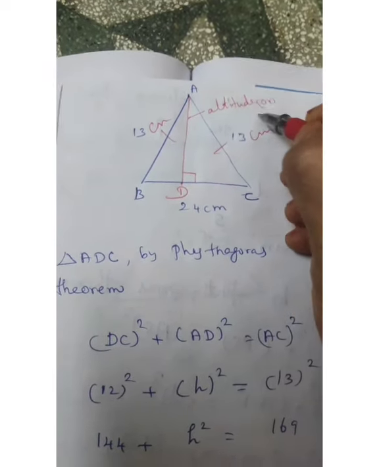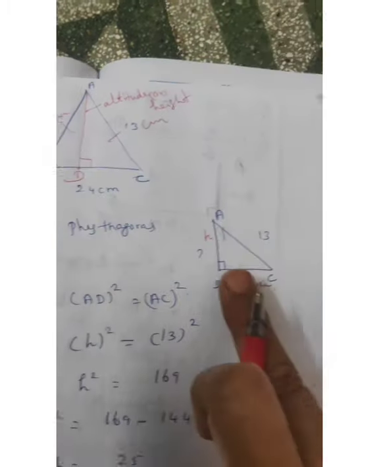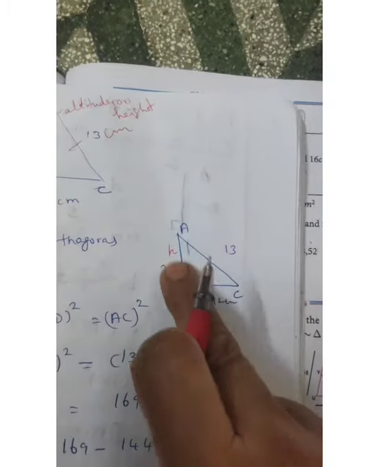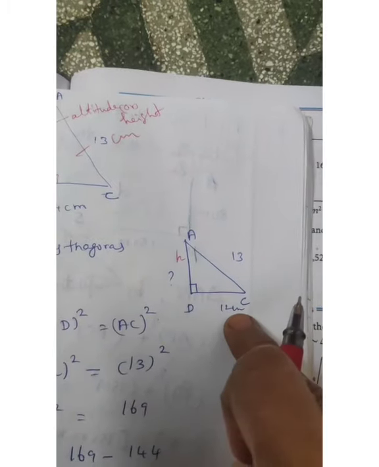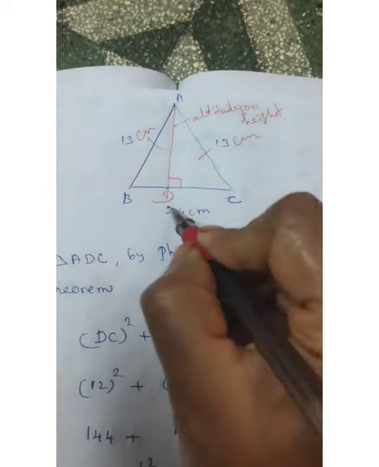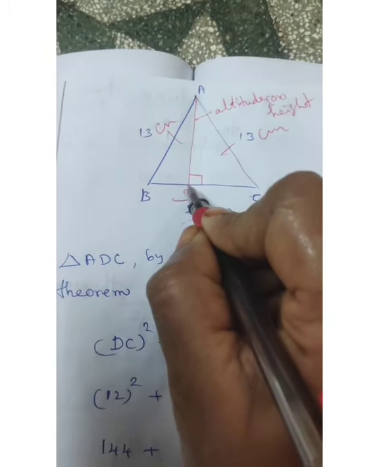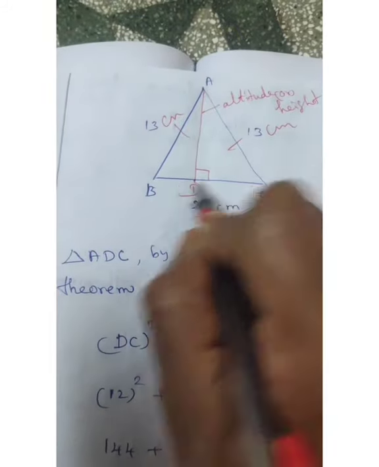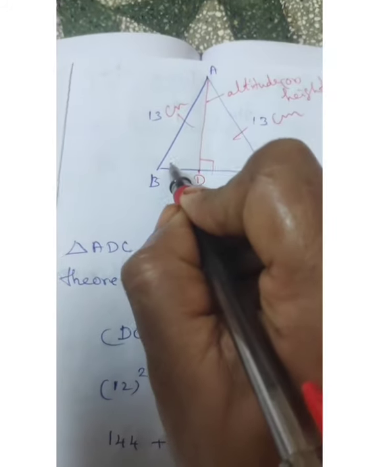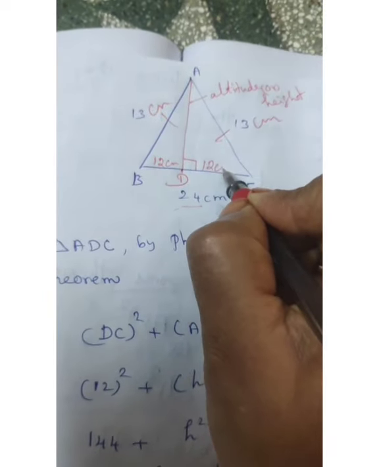I write H for the height. This is the base, BC, equal to 24. The median divides it equally, so 24 half is 12 centimeters. Here also 12 centimeters.